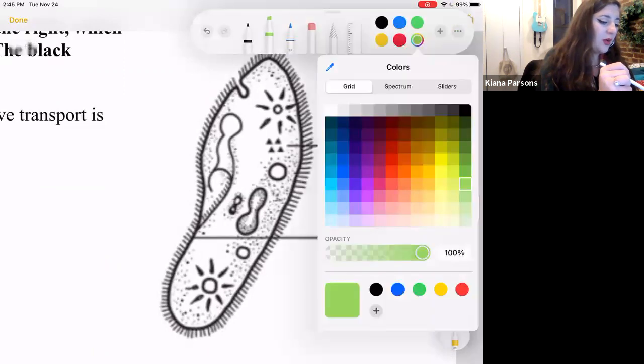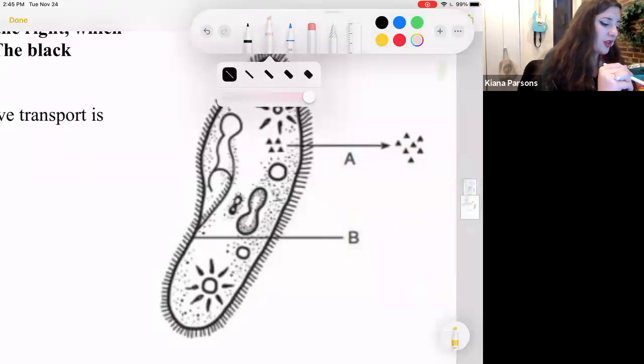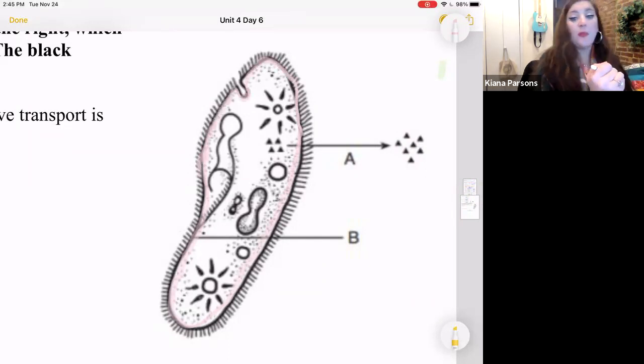And when the entire organism is one cell, well, that means that this is extra important, right? Because this cell membrane is what makes the organism alive.